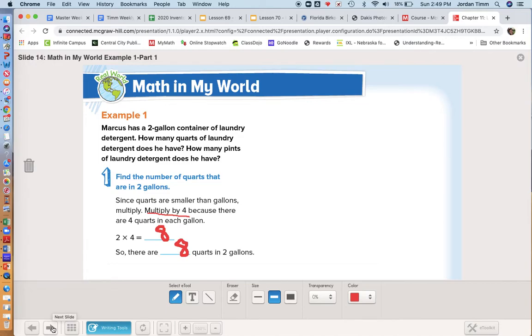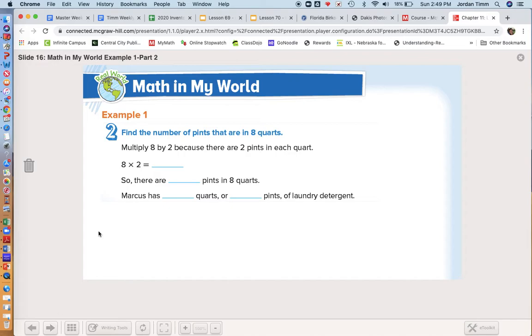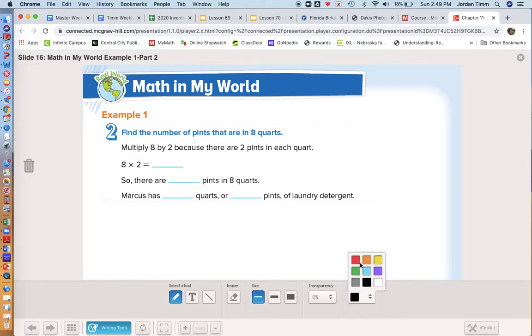We need to also figure out how many pints of laundry detergent does he have. So we need to find the number of pints that are in 8 quarts. So how many P's are in 1 Q? Count that up. Okay, we multiply by 8. We multiply 8 by 2 because there are 2 pints in each quart.